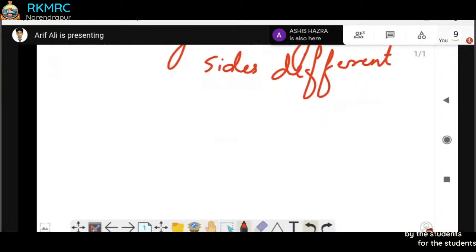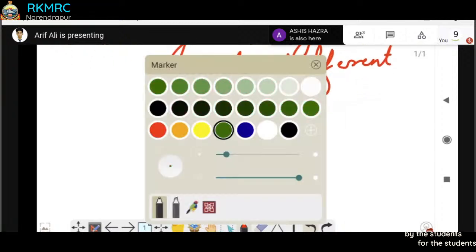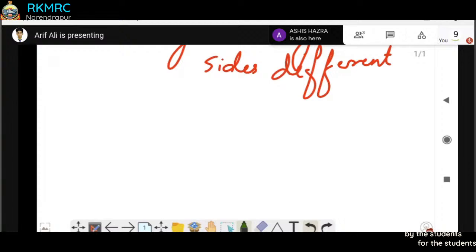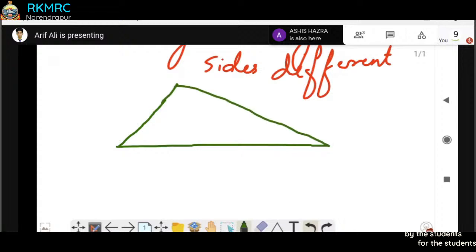Let me draw the picture. So this is your scalene triangle. Suppose this is your A, this is your B, and this is your C, and this is your height, perpendicular.